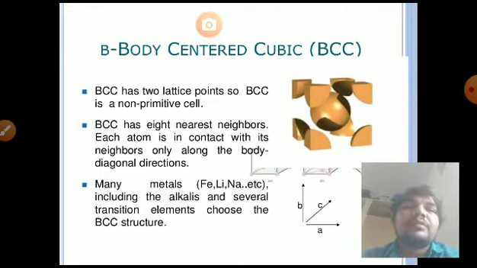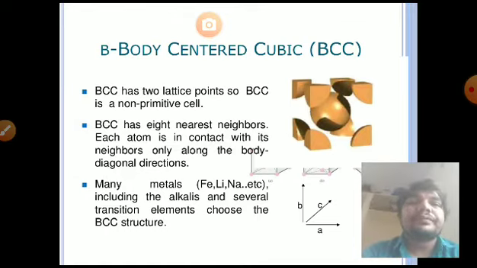Each atom is connected to its neighbors only along the body diagonals. Many metals, such as iron, nickel, lithium, including the alkali metals and several transition elements, choose the BCC structure.